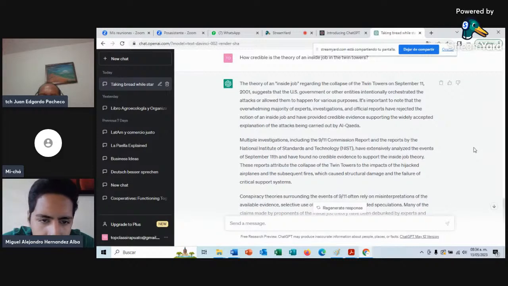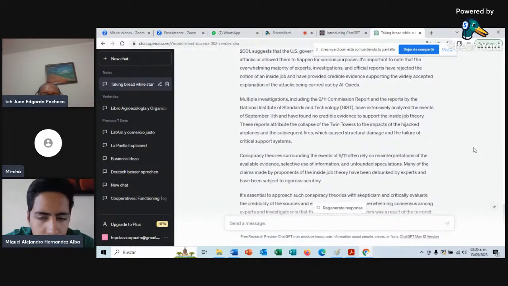It's important to note that the overwhelming majority of experts, investigations, and official reports have rejected the notion of an inside job and have provided credible evidence supporting the widely accepted explanation of the attacks being carried out by Al Qaeda.